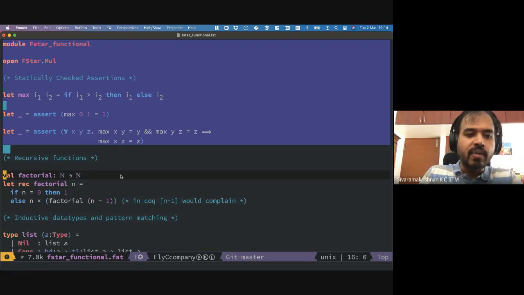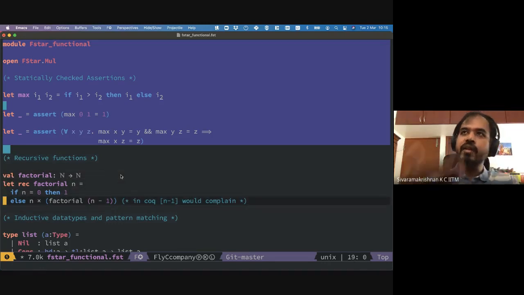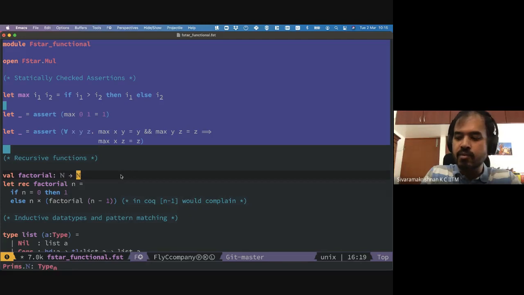Typically we have not seen these val definitions when we studied 3100. I believe so. No, actually we saw that as part of the modules. So what we are saying here is, here is the function definition. F star will infer the type for it, but I want to give it a more specific type. I'm saying factorial is a natural number to a natural number function.